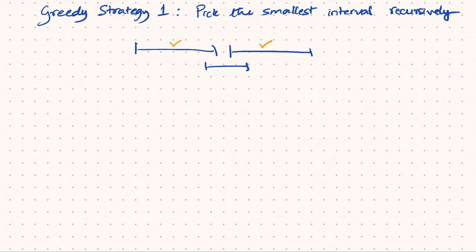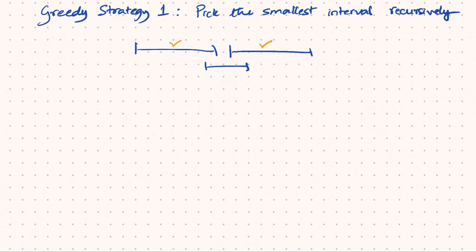I can pick two non-overlapping intervals to satisfy, but the way the greedy algorithm would work is it would pick the interval which is the smallest, right? So it would just end up picking the smallest interval, and once we pick this interval, the algorithm has to discard the overlapping intervals. So it would end up discarding these two intervals and end up just picking just one, satisfying just one request instead of the two that can be satisfied. So here it is. This is a counterexample. So this strategy, unfortunately, does not work.